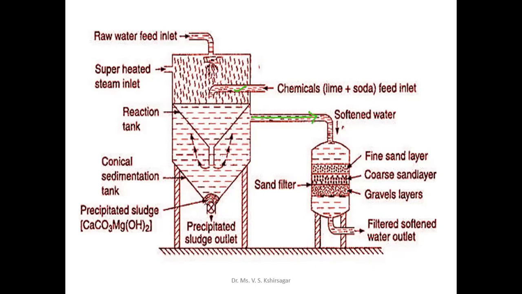The dropped precipitate, the calcium carbonate and magnesium hydroxide precipitate, will be removed from the bottom, and then that softened water will be forwarded for the filtration process. So the filtration process in detail you have studied already, so I will not talk much about this part. So I hope you are understanding.